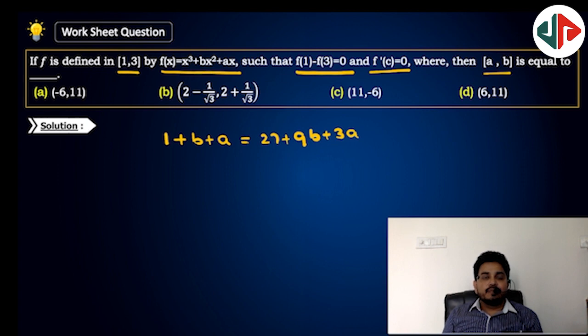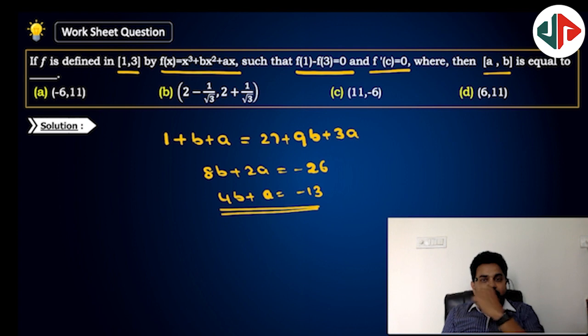So 8b plus 2a is equal to minus 26, or 4b plus a is equal to minus 13. Which among these may be satisfying? Look here, only this one is satisfying.